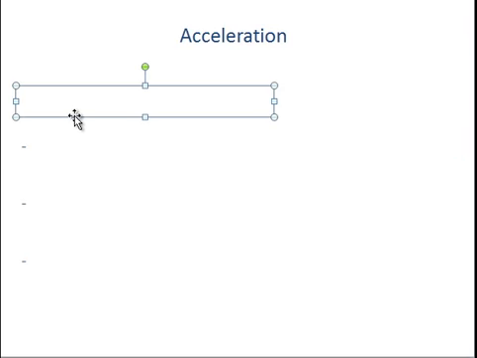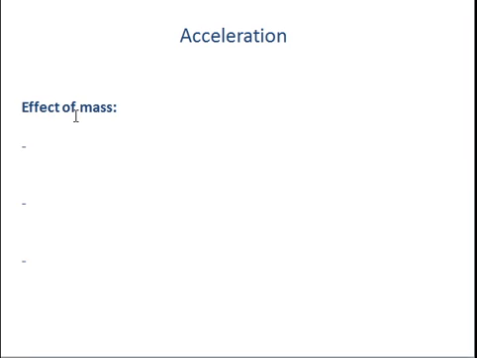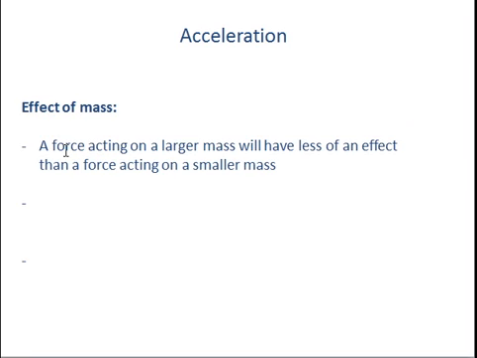Next we need to talk about the effect of mass. A force acting on a larger mass will have less of an effect than a force acting on a smaller mass in terms of acceleration. So larger masses tend to accelerate slower when compared to smaller masses.